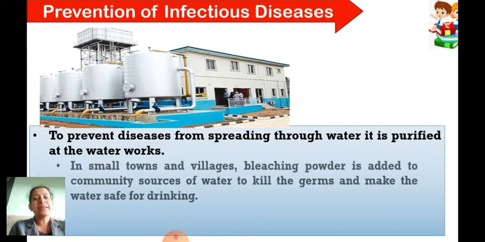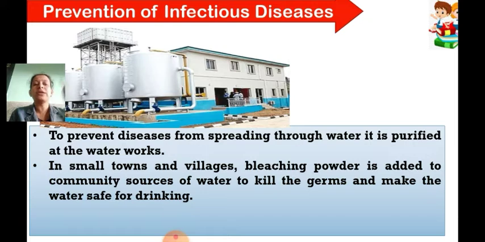So, at the village level or in small towns and villages, what is done to destroy the microorganisms in the water? Yes, bleaching powder is added to the community sources of water like water from the well, tube well, bore well. Okay, so bleaching powder is added in order to kill the microorganisms and make the water safe for drinking.